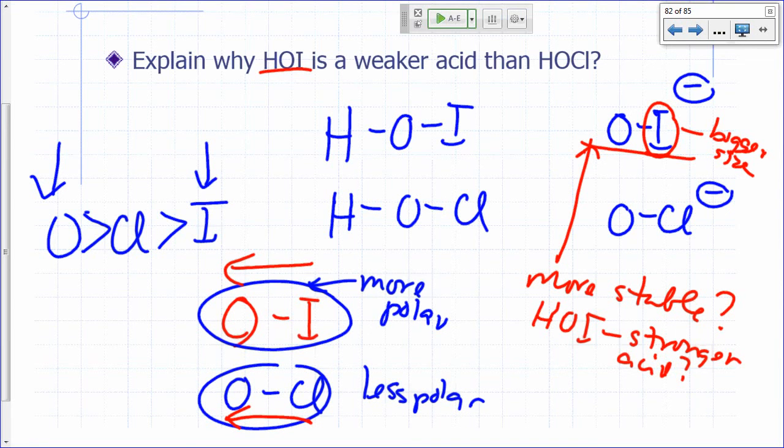So we can say in a sense that because this bond is more polar, the charge is concentrated more in oxygen.